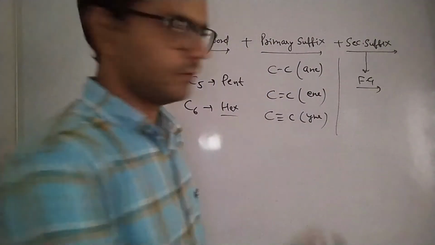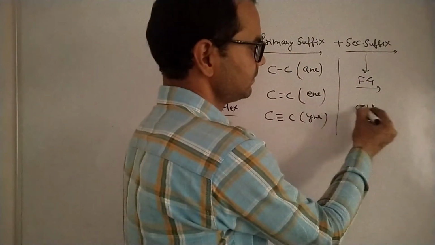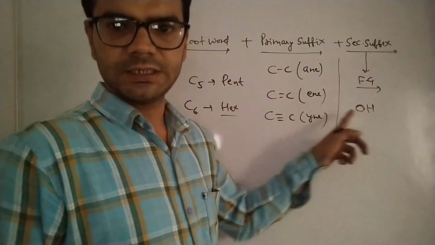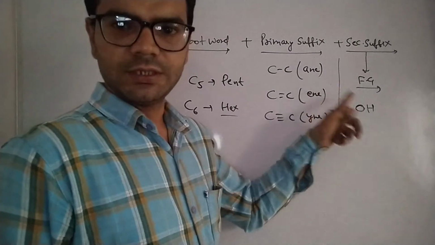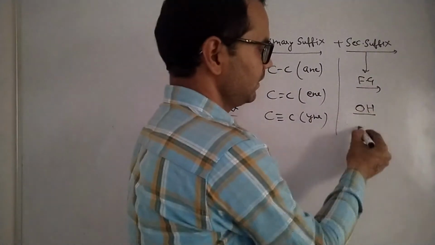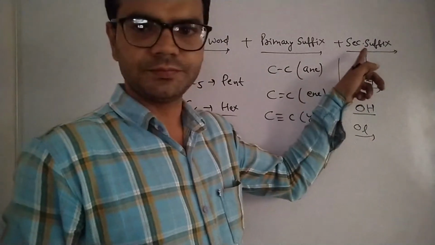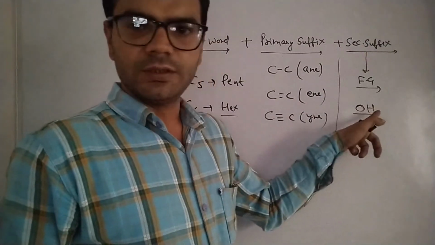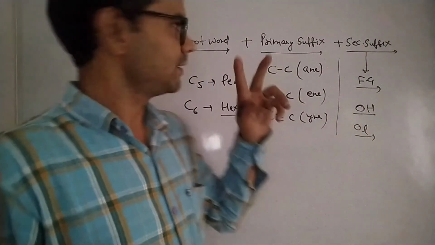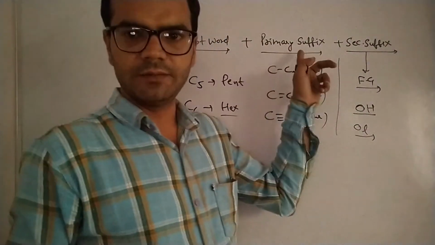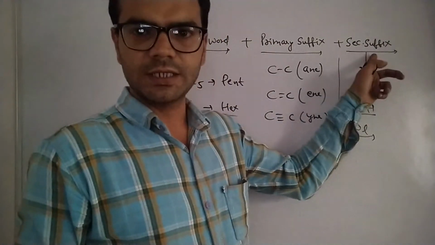For example, we have the functional group OH. If OH is present in an organic compound, then its suffix will be ol. Ol is the suffix of alcohol. So three things are there: root word plus primary suffix plus secondary suffix.